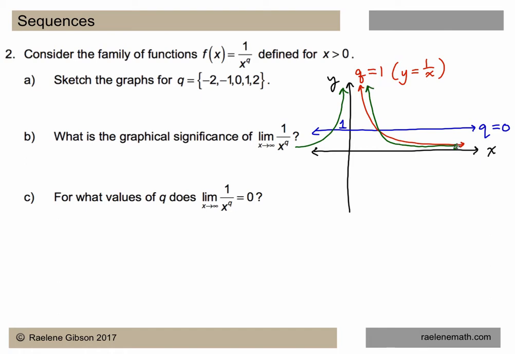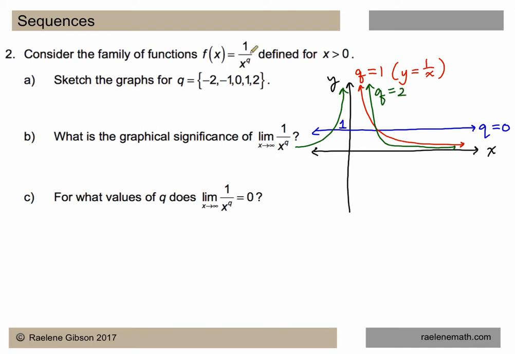It's a bit hard to see, but that green graph does lie underneath the red graph. And so I'll label this q is equal to 2, which gives us the graph y equals 1 over x squared.